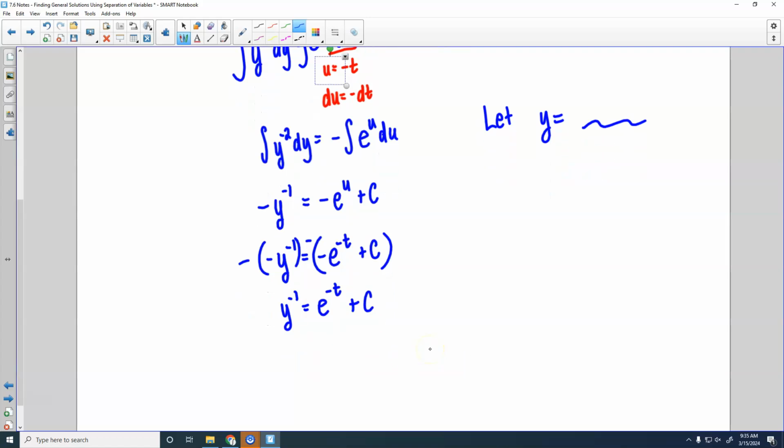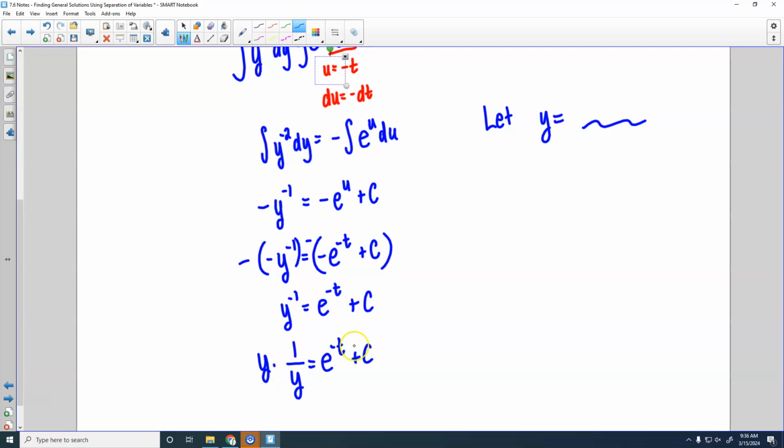How would we do this? How do we get rid of a negative 1 exponent? So we can make this 1 over y equals e to the negative t plus c. All right, what do we have to do now? We can't solve for that y while it's in the bottom, right?